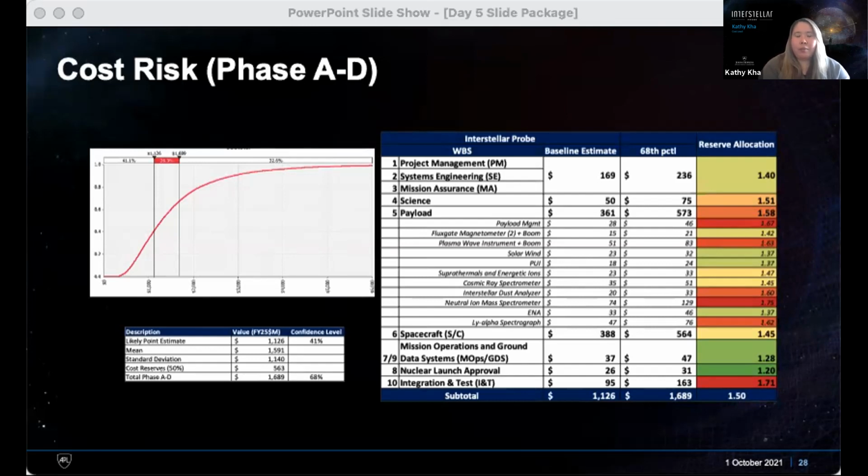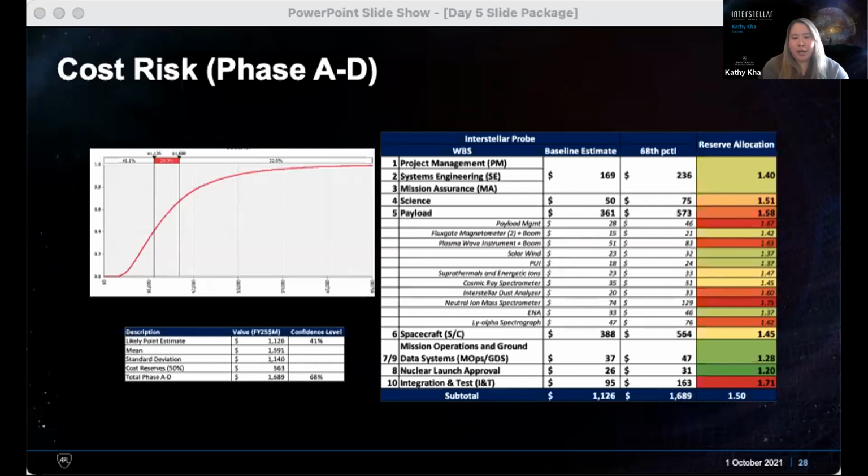The uncertainty, the problems that arise when you start integrating hardware together, those are things that we've seen over and over again on multiple missions, and it's something that we know how to frame and quantify. Compared to phase E, which you'll see next, it is technically higher risk, but we know how to work with it.